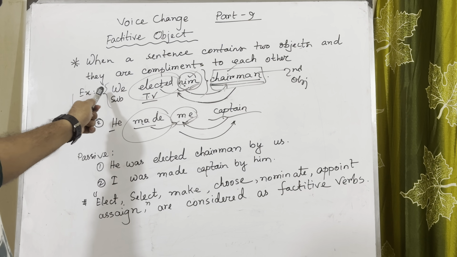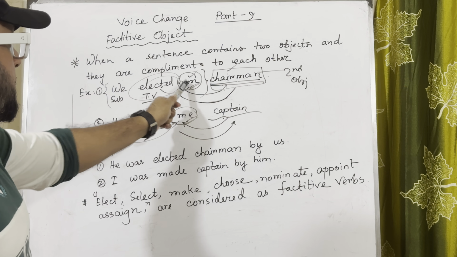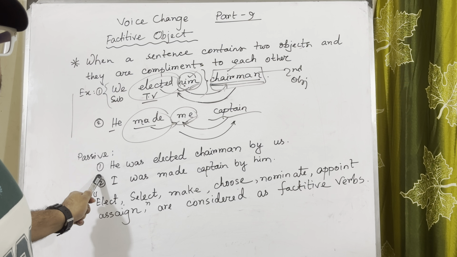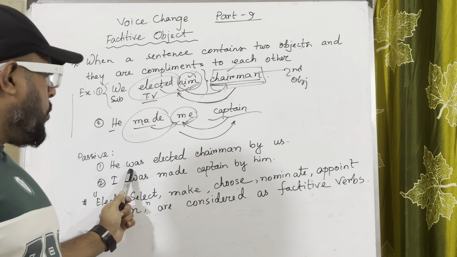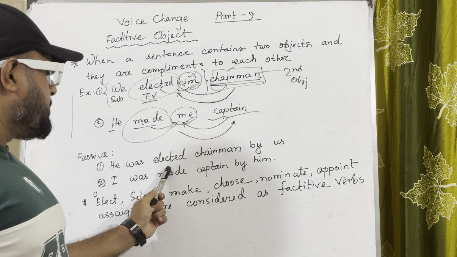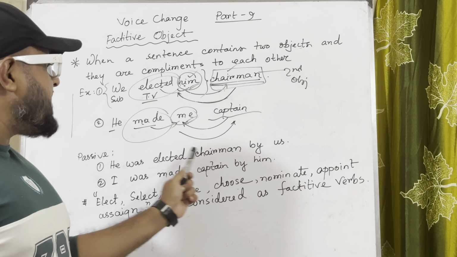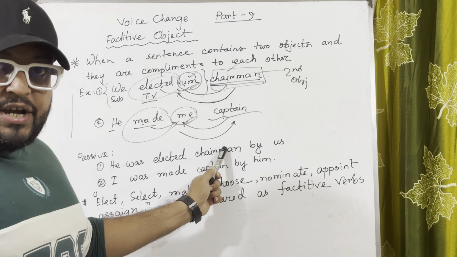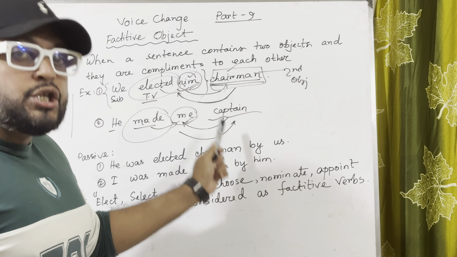Like we elected him chairman, we have used him in the subject position. It is past indefinite, so was as the to be verb, elected as the V3 verb: he was elected. Then the second object came right after the verb, chairman. He was elected chairman.